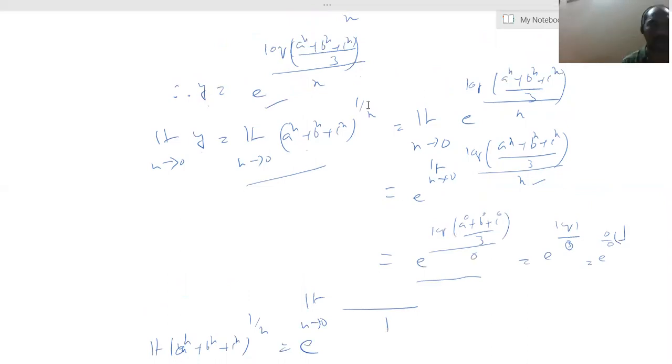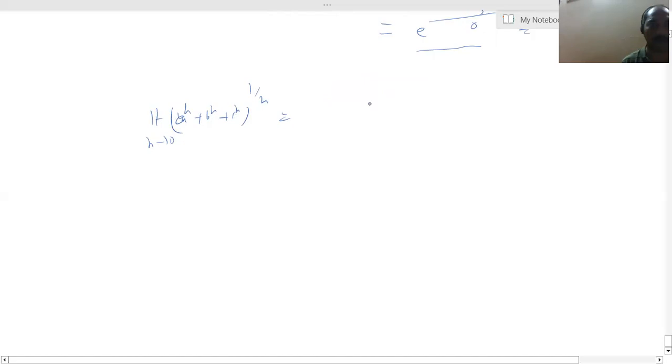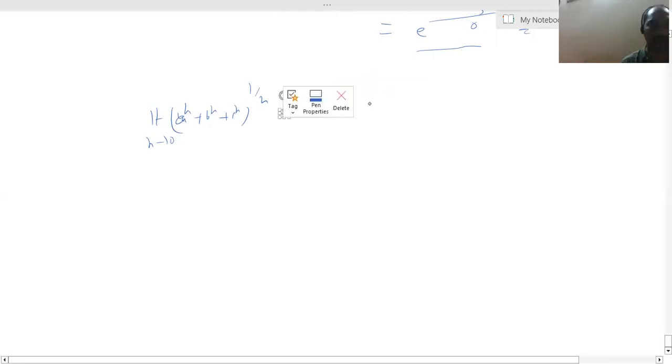We have a logarithmic expression, which gives e power limit x tends to 0 of 1 by (a power x plus b power x plus c power x by 3) into the derivative of a power x. If you have any confusion, d by dx of a power x.